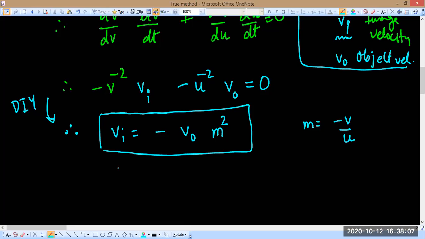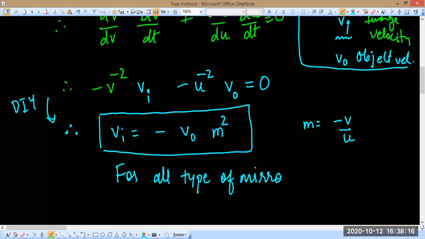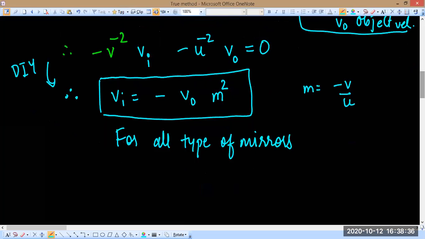This formula is useful for all type of mirror. Okay, so you can use this for all types of mirrors, right?